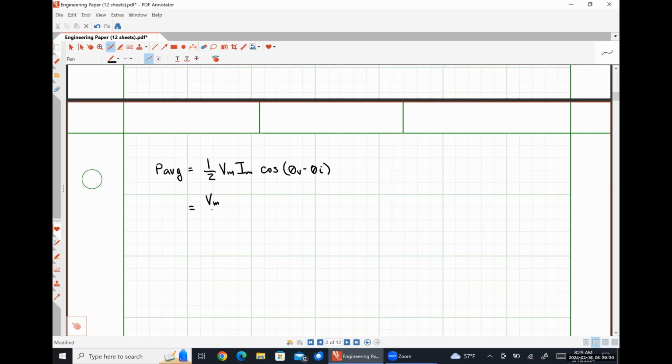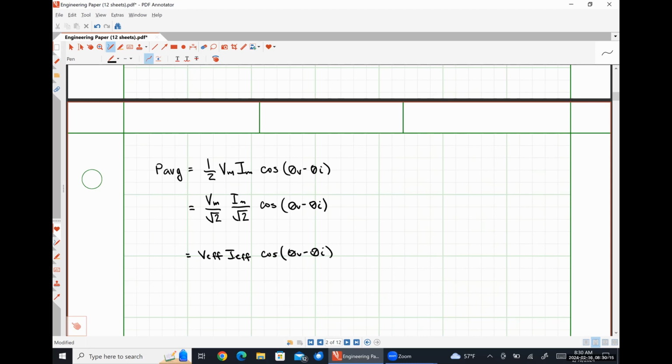So I would have Vm over the square root of 2 times Im over the square root of 2 times the cosine of theta v minus theta I, which is the exact same thing as our effective voltage times our effective current times cosine theta v minus theta I. So using effective values gets rid of that pesky factor of 1/2 that came about just because of the trig identity that we were using.